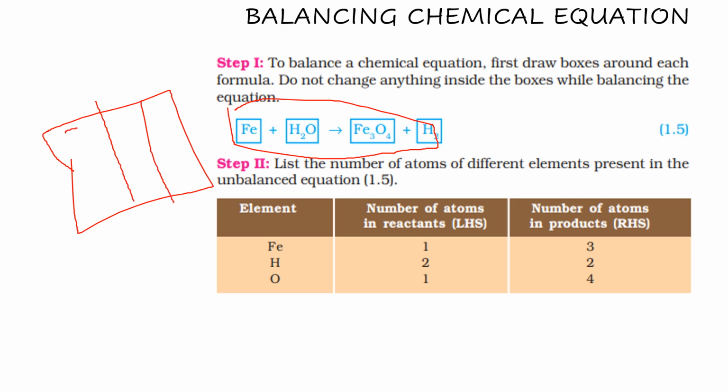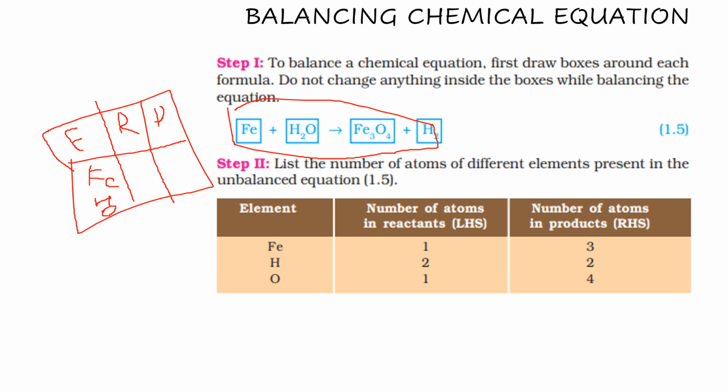That is for element, number of atoms on the reactant side or the LHS side, and number of atoms on the product side. Later we have to write all the elements, that is for the following reaction we have iron, hydrogen and oxygen.